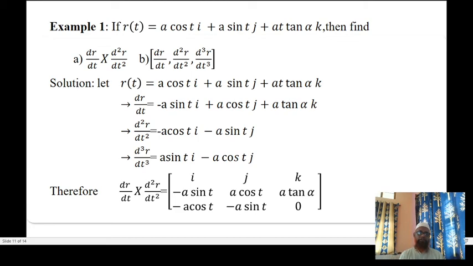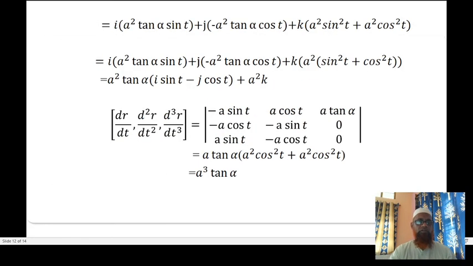Therefore dr/dt cross d²r/dt² is the third order determinant with rows i j k; the coefficients of i j k in dr/dt: minus a sin t, a cos t, a tan alpha; and minus a cos t, minus a sin t, 0.